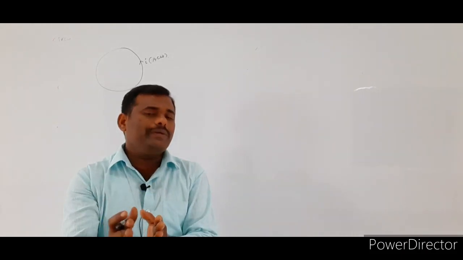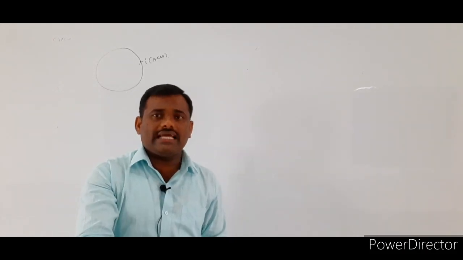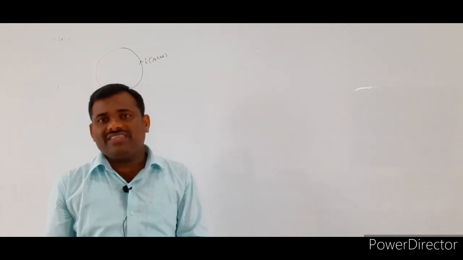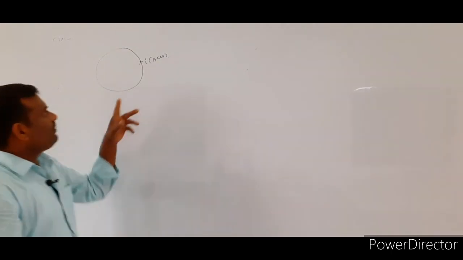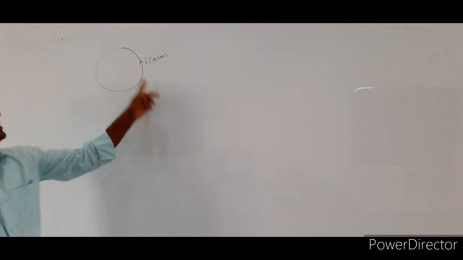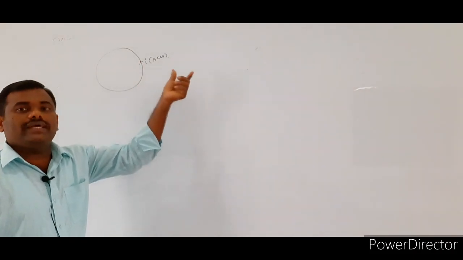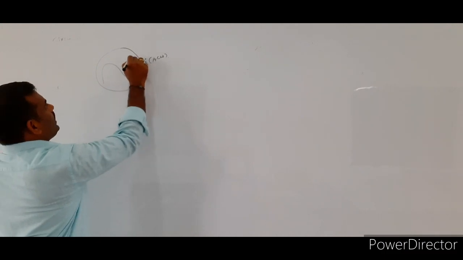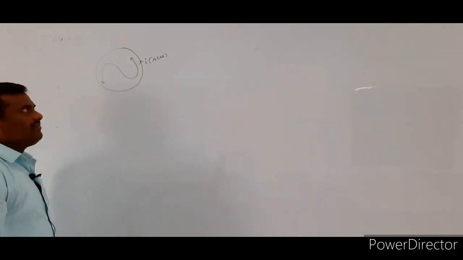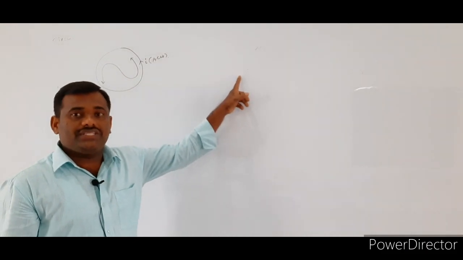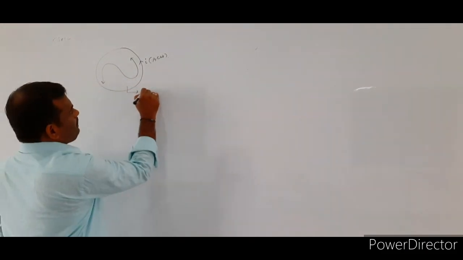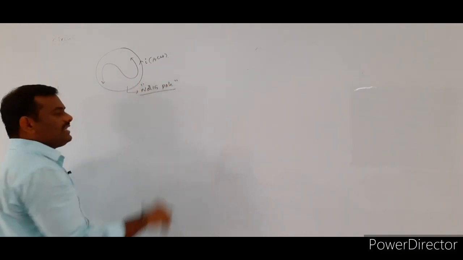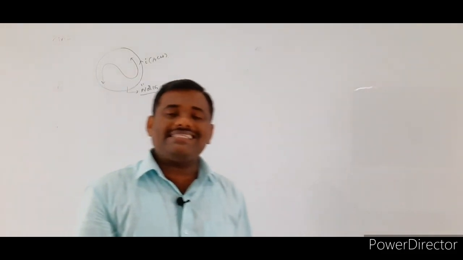Whenever current flows in the circular loop in the anti-clockwise direction, that face will be treated as the north pole.